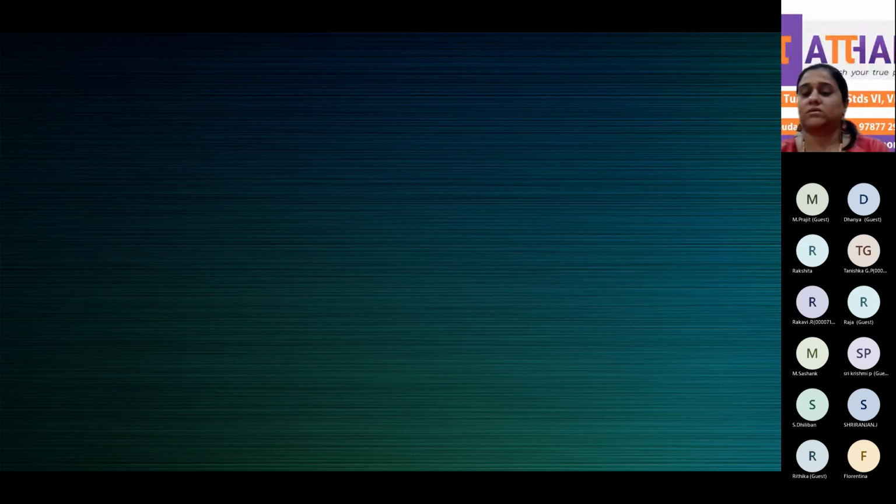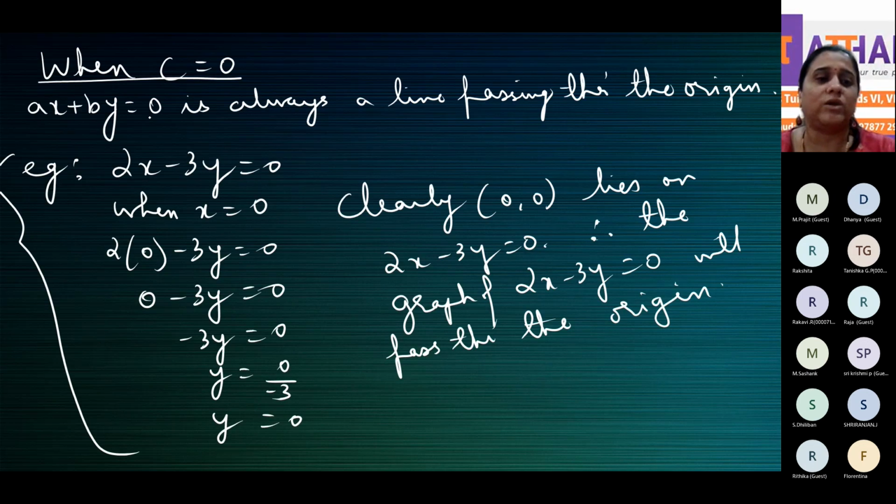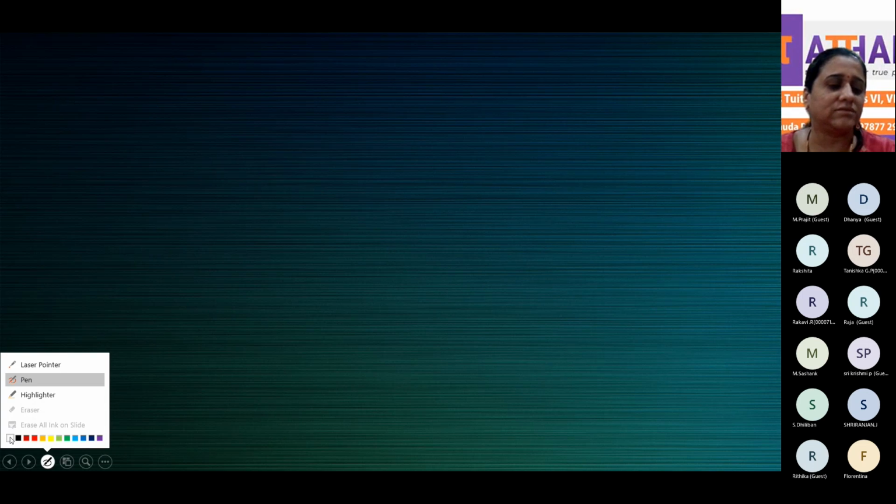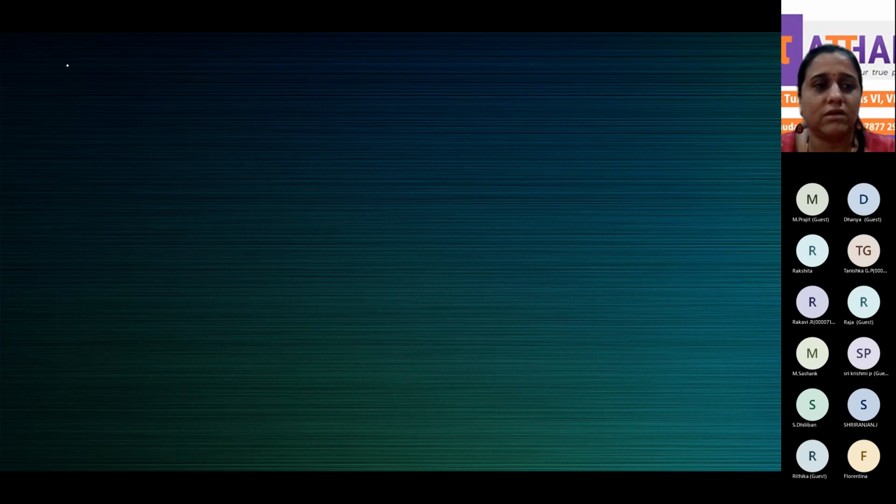All right. So now we saw x is equal to 0, y is equal to 0, x is a, x is minus a, y is b, y is minus b, and then lastly we saw when the value of c is 0. So for any other equation of this form, it will be a straight line.